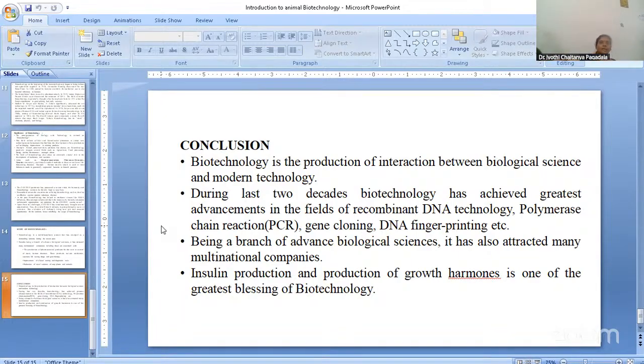The major landmark in human history is the production of the human genome sequence. The Human Genome Project is an international research program.